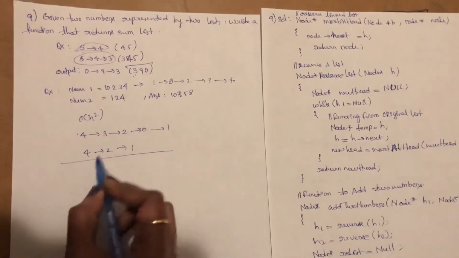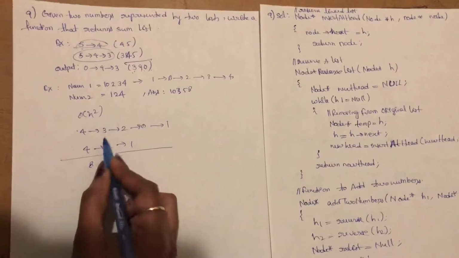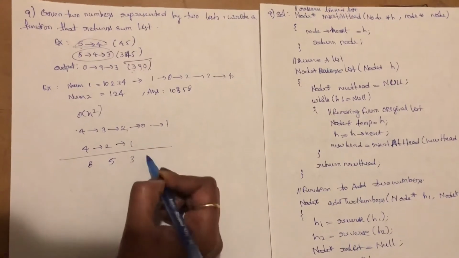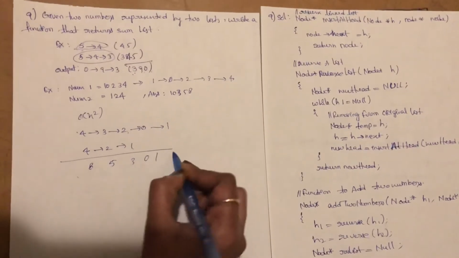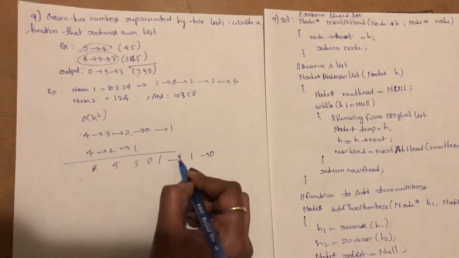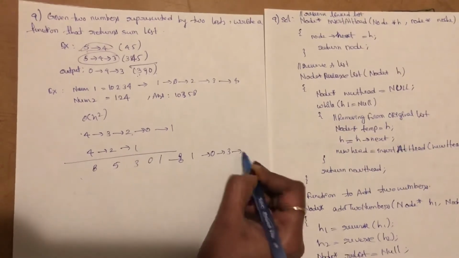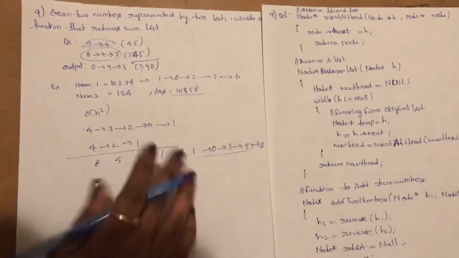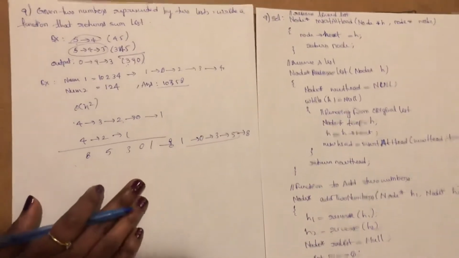If we add these, we will get 8 5 2 1 3 0 1. If we reverse it, then we will get 1 0 3 5 8. That is the result value of this output.